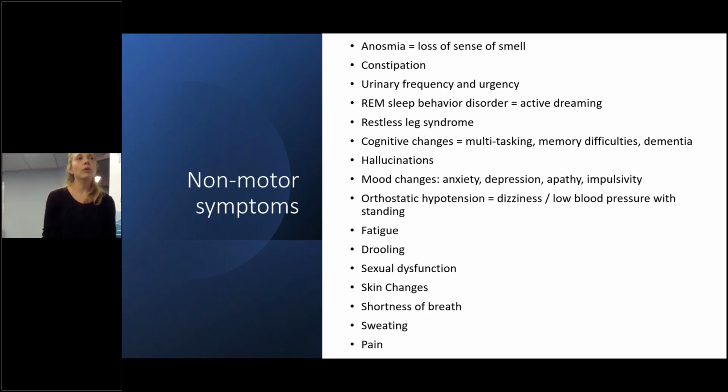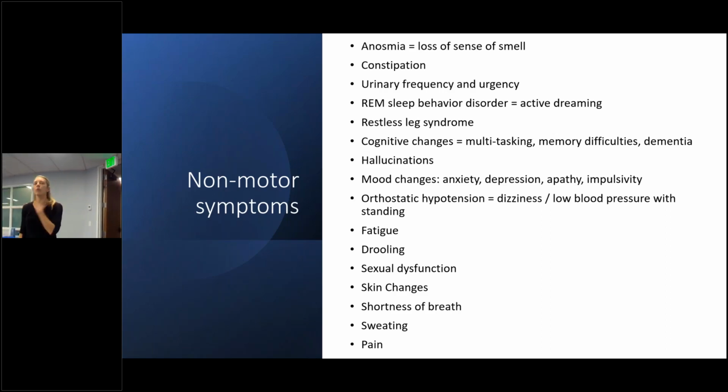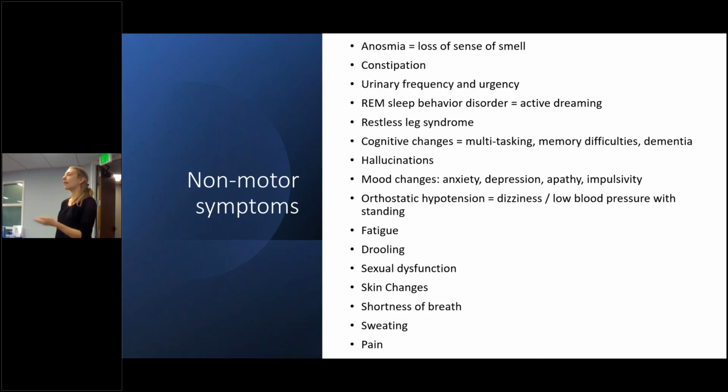Fatigue, drooling, sexual dysfunction, erectile dysfunction in particular, skin changes, dryness, flaking, these little patches that grow on the skin. And then in Colorado, having so many skin changes because of where we are, melanoma too, in much higher rates. I mean, I shouldn't say it like that.